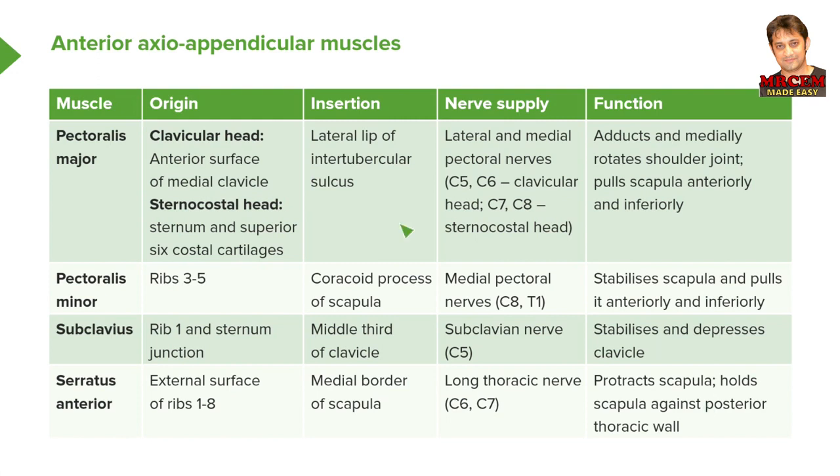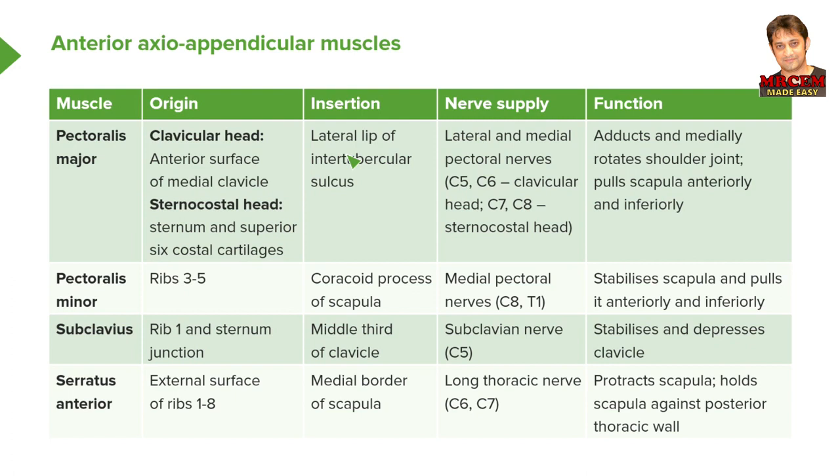We can see that the Pectoralis Major muscle, as I mentioned, has two heads, and this table really is going to detail their origin and insertion. It's then going to look at the nerve supply, and we can cover some functional anatomy here. But here with the Pectoralis Major, we've got the clavicular head and the sternocostal head. We can see where they're attaching, as I mentioned previously.